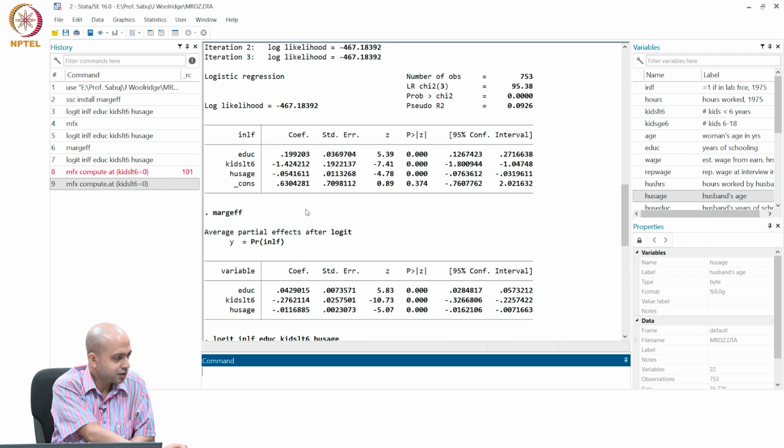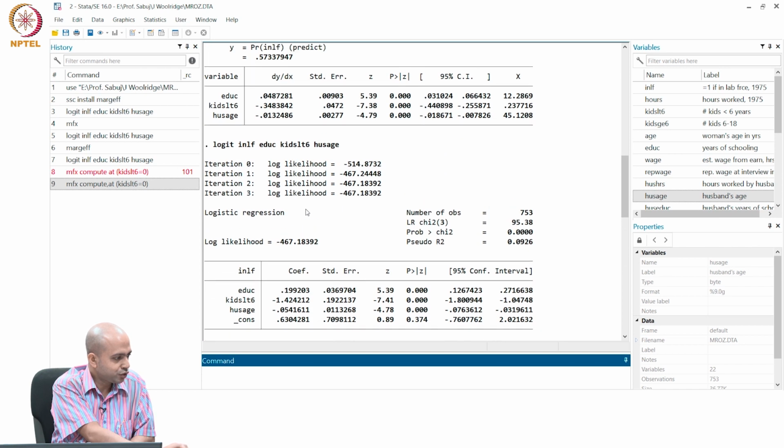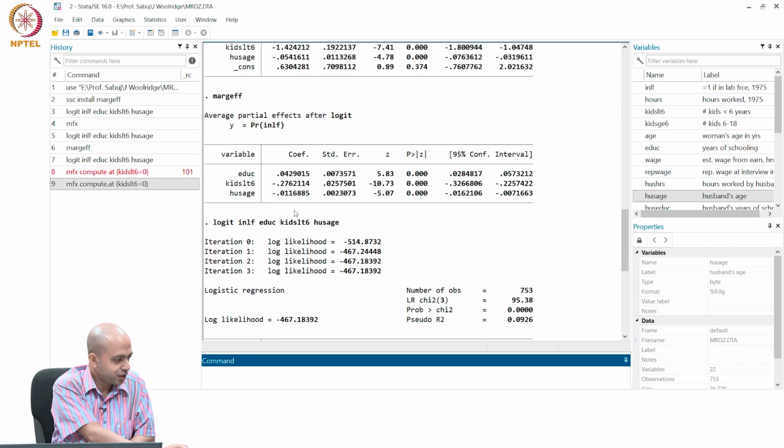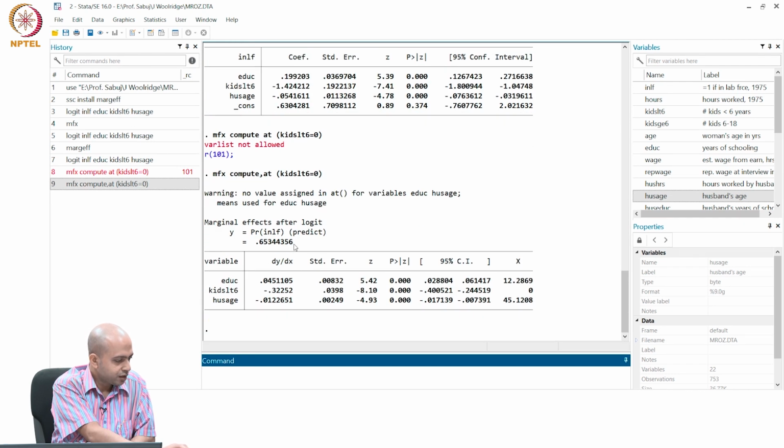And what is the earlier one if you compare? Look at this, in the earlier model it was 0.3483, and here it is 0.32. It's a little different, 0.3483 and this is 0.32.